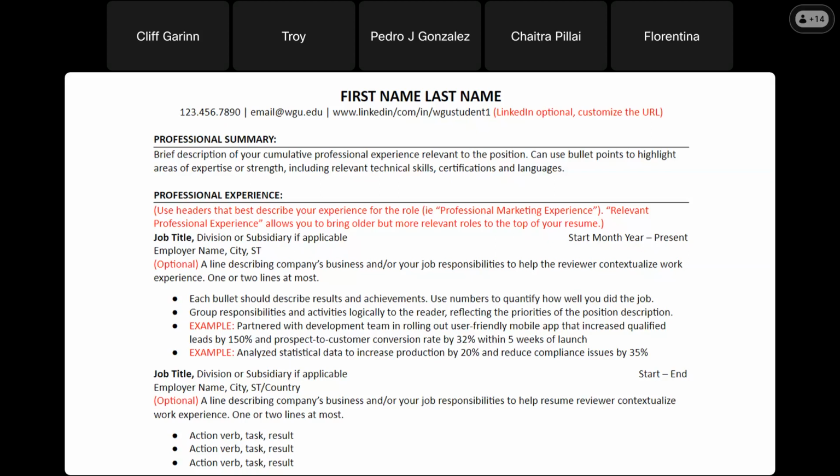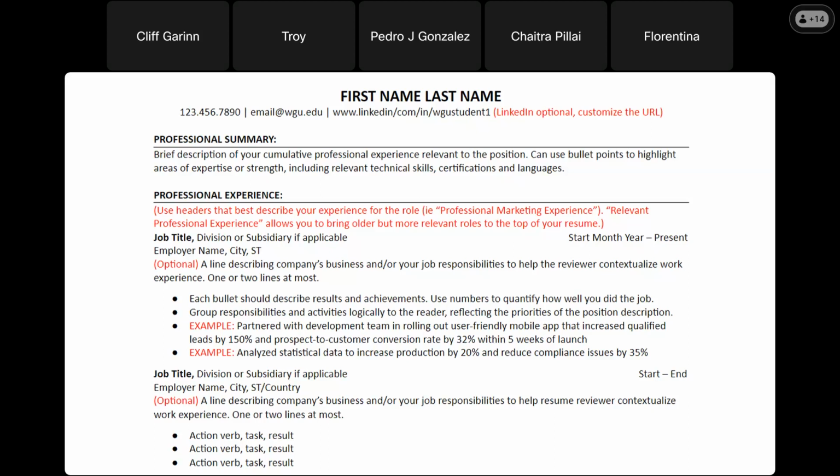Contact information. I kind of look at listing in priority. When I'm reading from left to right, I'm assuming that the first thing I read is going to be the most important thing you want me to know, right? So in this case, I'm assuming that this person wants me to contact them by calling them first because they put their phone number first. Then email. Then I might look at their LinkedIn profile.